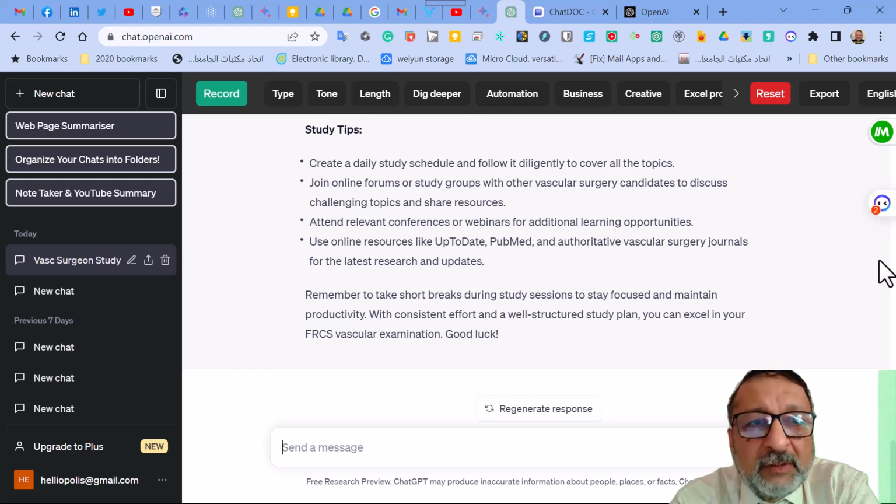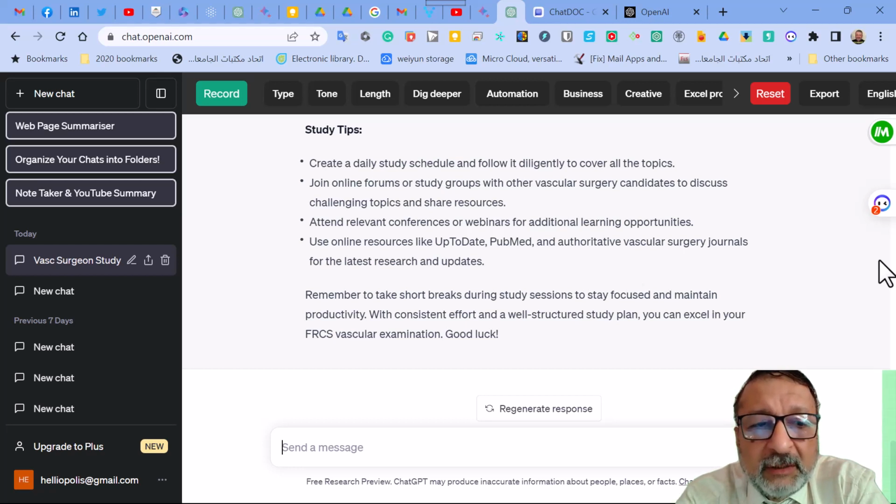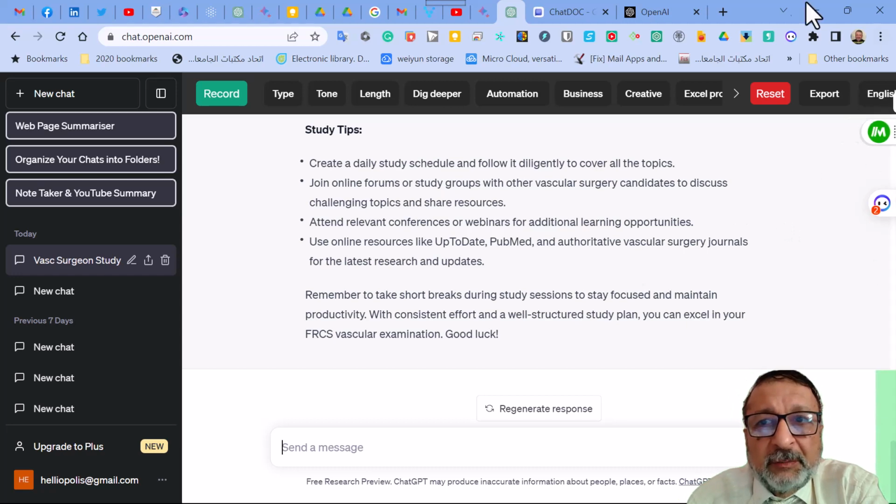I would say this is the best out of the 3 AI systems, which is ChatGPT 3. It is very, very useful whenever you go to an exam. I think you should get advice on your study plan from ChatGPT.